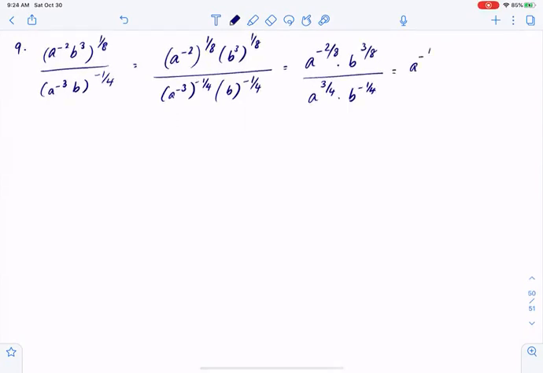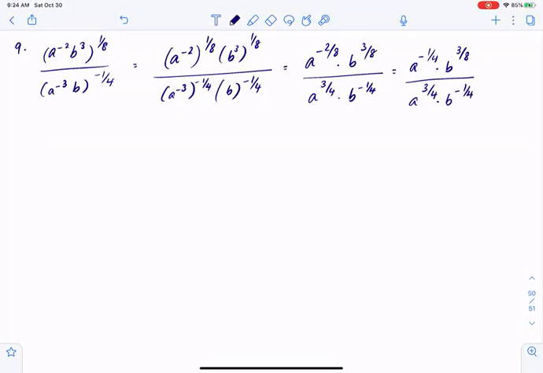The numerator will have a raised to negative 1 over 4, b raised to 3 over 8, over a raised to 3 over 4 times b raised to negative 1 over 4.